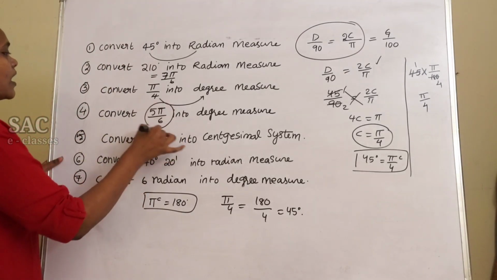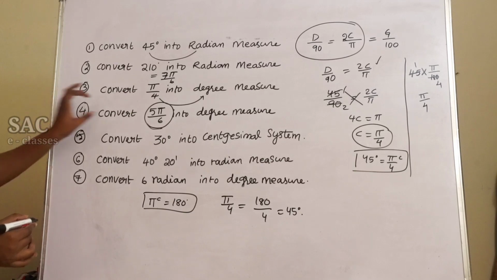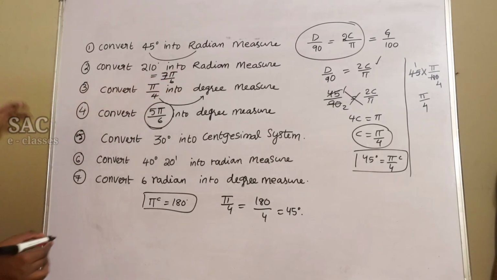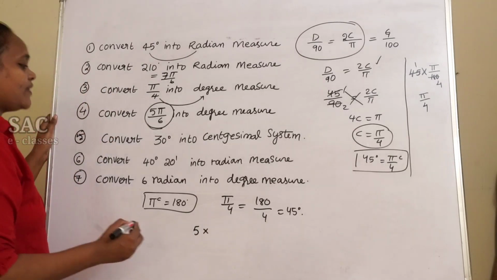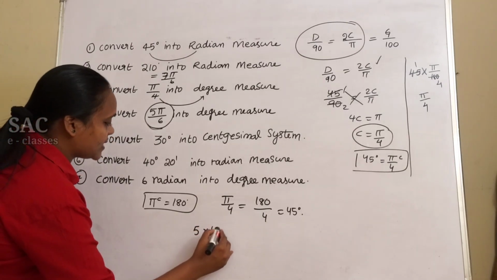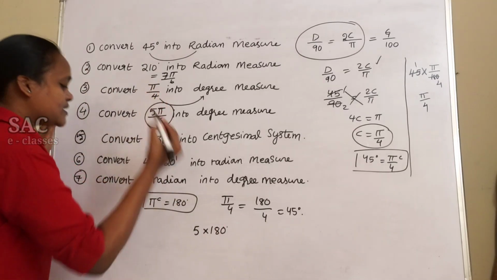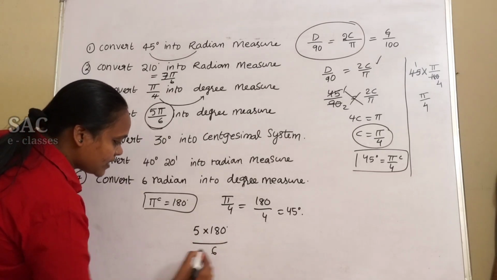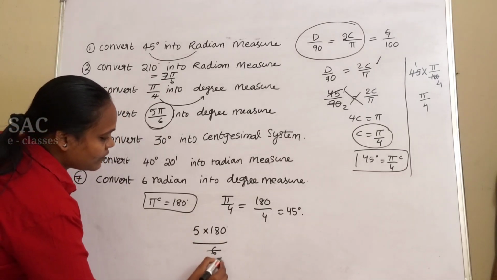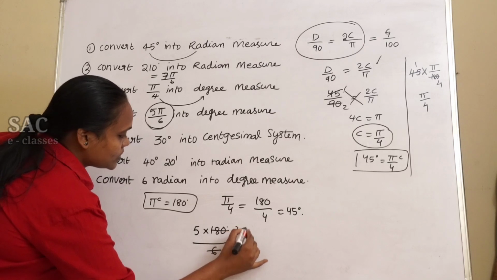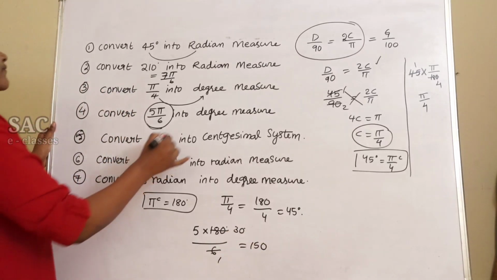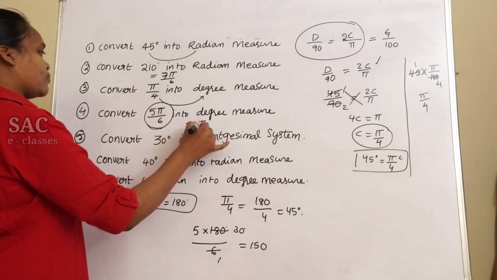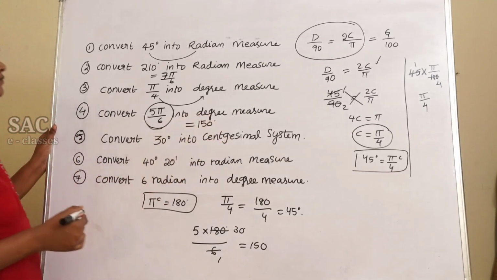Coming to the next, how can we convert 5 pi by 6 into degree measurement? You can write 5 into the pi value, which we know is 180, here pi means pi radians, into by 6. 1 time and 30 times. So you can write it is 150. So 5 pi by 6 equals 150 degrees.